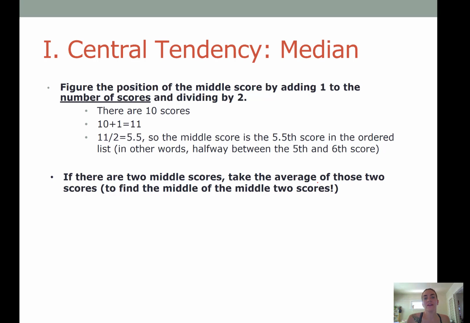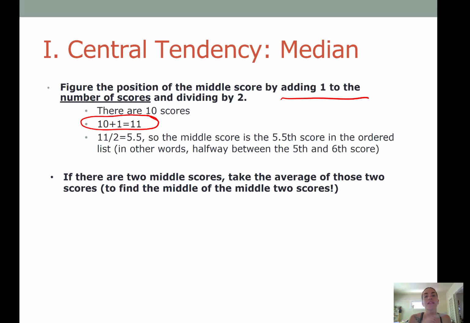For example, you could imagine a list of 10 scores. So we have our number of scores is 10. We want to add 1 to the number of scores. So we do that here to get 11. Then we divide that by 2. So 11 divided by 2 gives us 5.5.